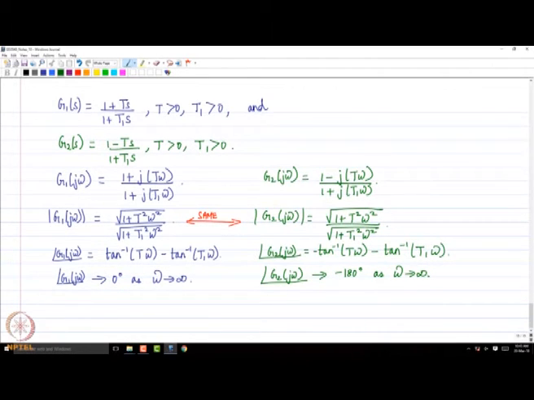G1. G2's phase tends to minus 180, G1's tends to 0. I hope it's clear now why the system with transfer function G1 is called minimum phase and why the system with transfer function G2 is called non-minimum phase.